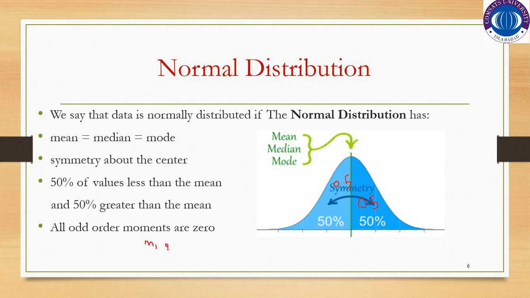These are the sample moments, and these are the mean moments, or you can say the central moments. So they are saying all the odd order moments are 0. So M1 and M3 will be 0 in the case of normal distribution.